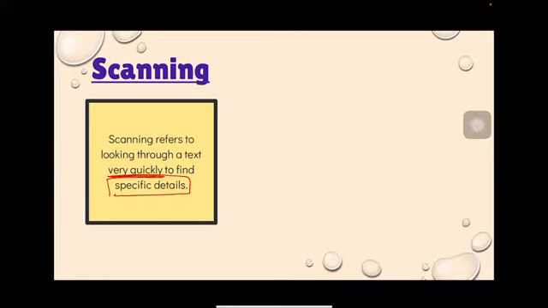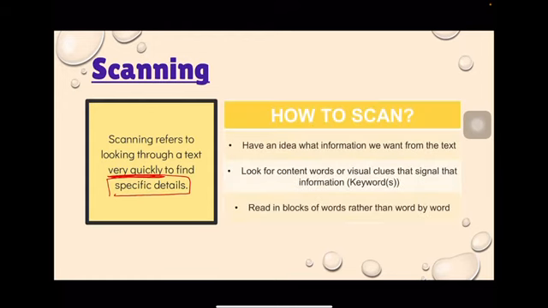So quickly scan, you will get the specific detail. The only difference between skimming and scanning is scanning would require you to have an idea. What is it that you know? Yeah? Take a look at this. So you need to get an idea what information you need from the text.